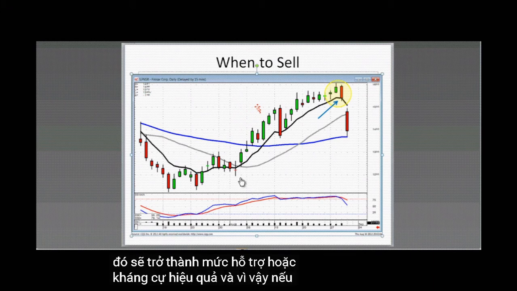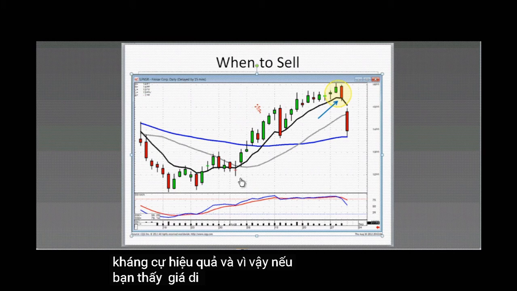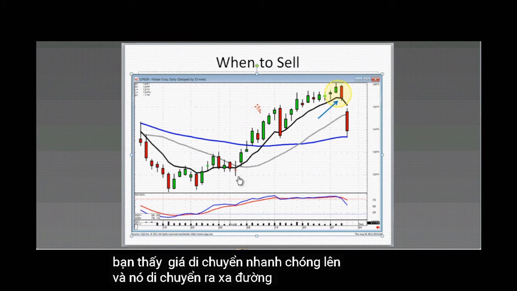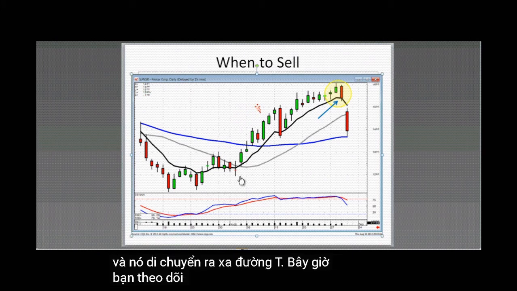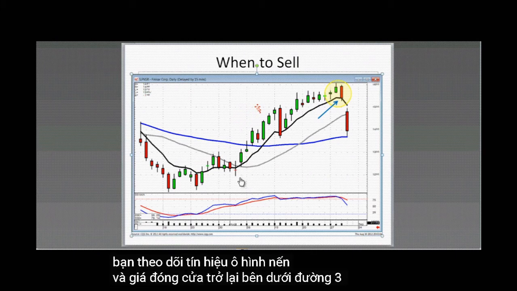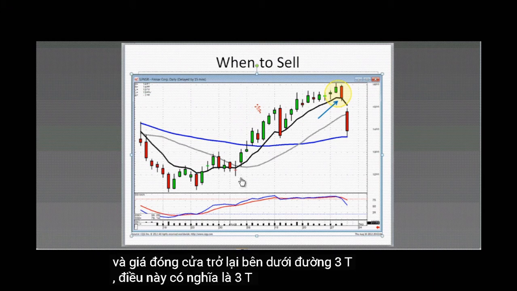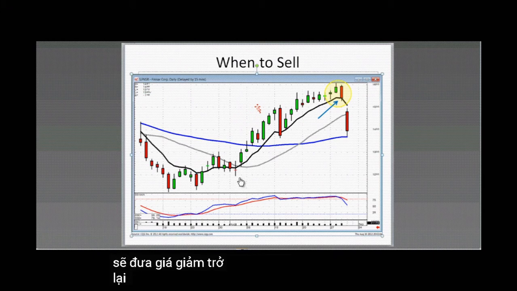So if you see the price move rapidly up and away from the T-line, now you watch for a candlestick sell signal and a close back below the 3 EMA, which means the price is probably going to come back down toward the T-line.